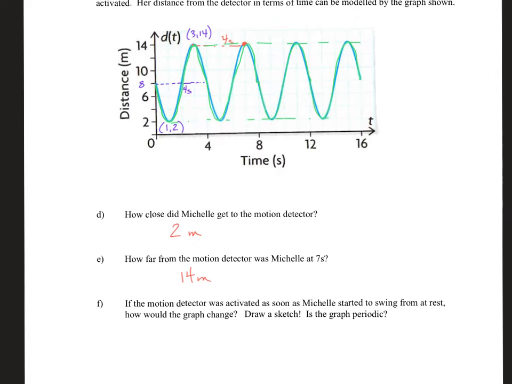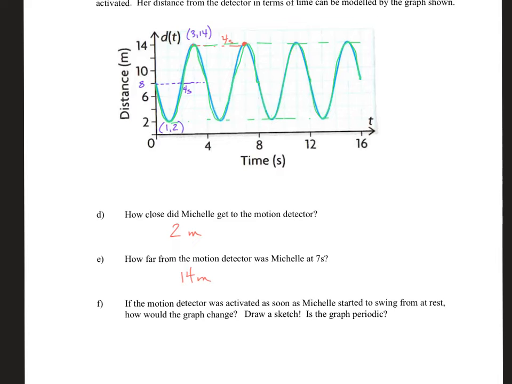So what I'm trying to get at is, notice Michelle was always swinging, even from the very beginning. I want you to imagine that maybe we're on a swing set and you're going to start to swing. What would it look like? Would it look like Michelle's graph?